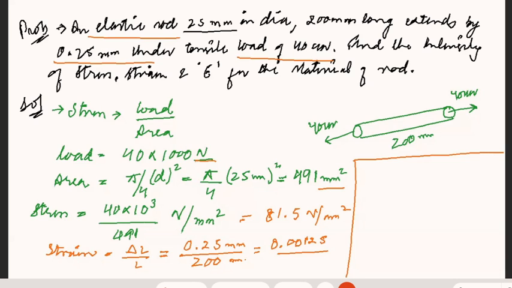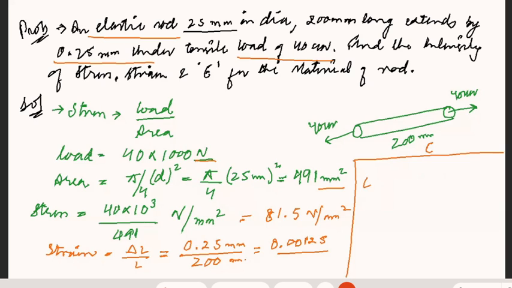If it were steel, then we know the modulus of elasticity of steel is 200 GPa. But as of now, we are not in need of that.